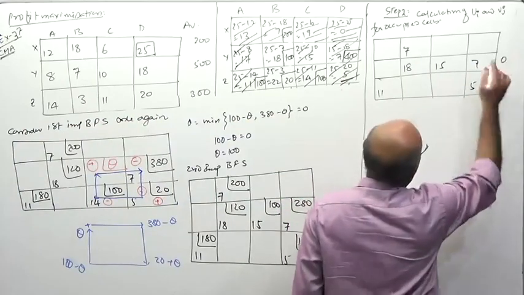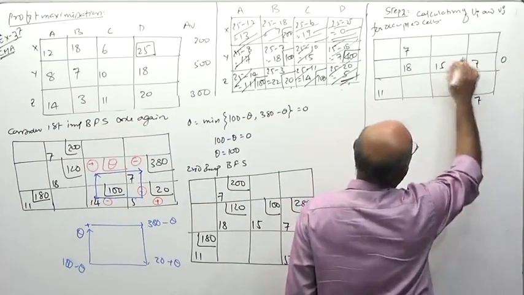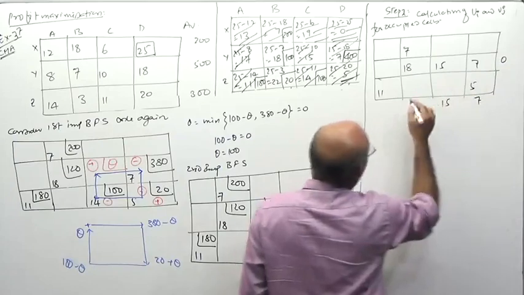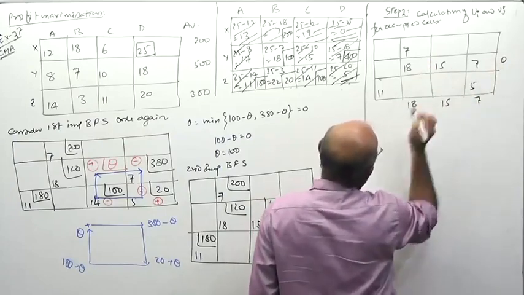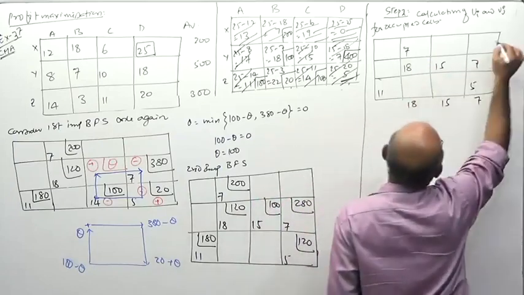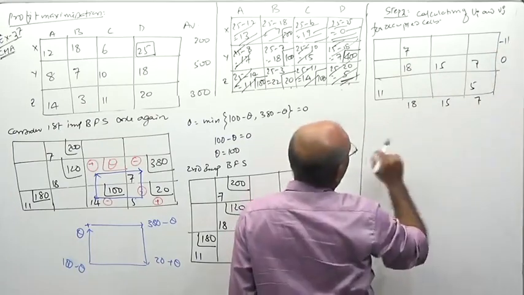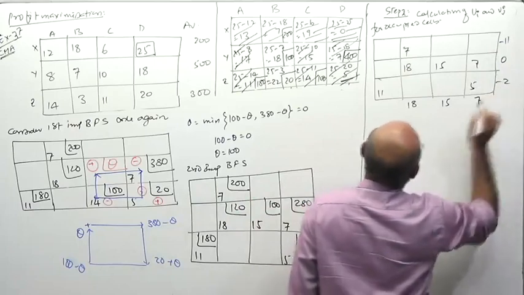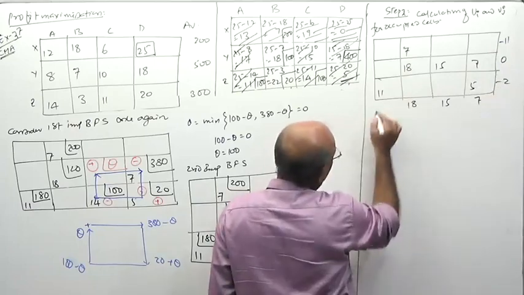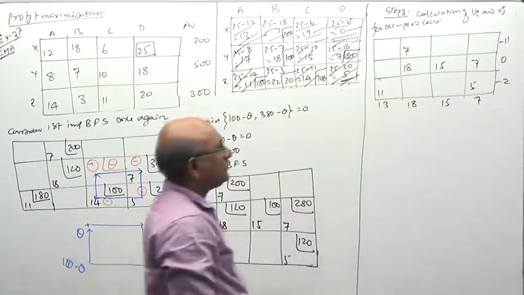Put a 0 here. 7 minus 0, 7. 15 minus 0, 15. 18 minus 0, 18. 7 minus 18 is minus 11. 5 minus 7 is minus 2. 11 minus of minus 2, 13.